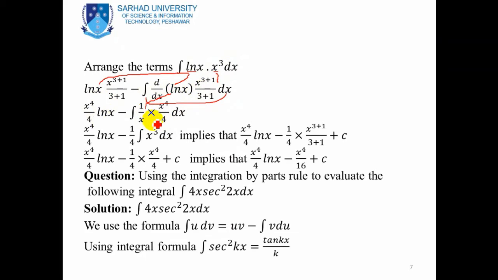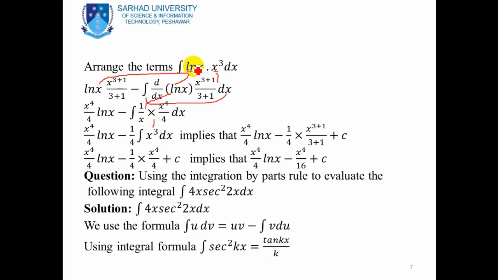Now after simplification we obtain x power 4 into log x divided by 4 minus 1 over 4 integration of x cube with respect to x. Now the product has disappeared, and the main advantage is considering the logarithm function as the first function and the polynomial function as the second function. So the problem is evaluated very easily.